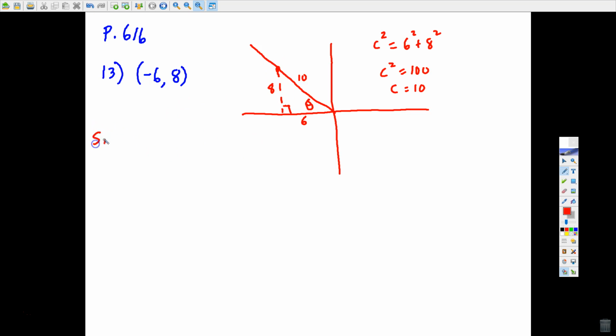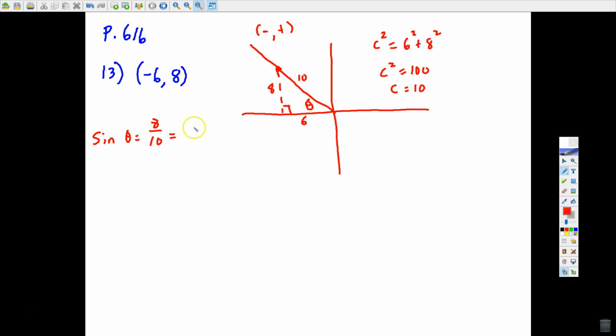All right, so I'm going to start with sine theta, and sine, of course, is opposite over hypotenuse, and sine is positive in quadrant 2 because, once again, we mentioned this earlier, the y-coordinate is positive in quadrant 2, and you can always associate sine with the y-coordinate of this point on the terminal side.